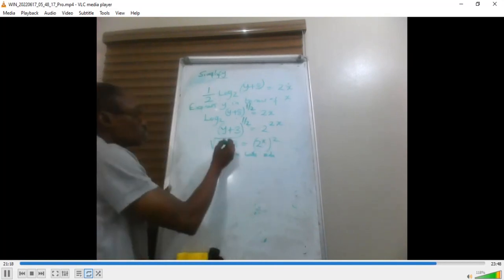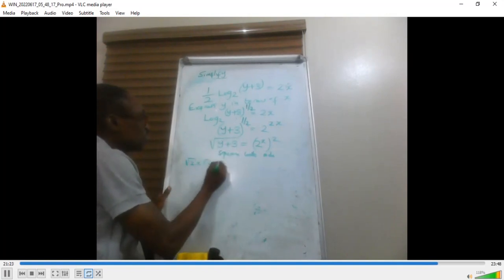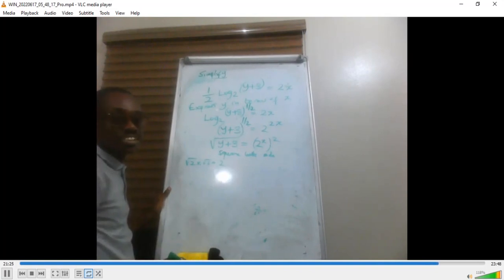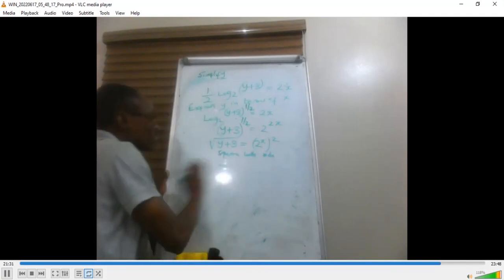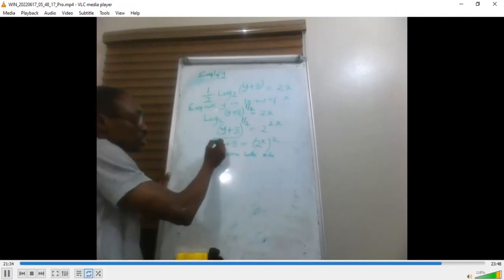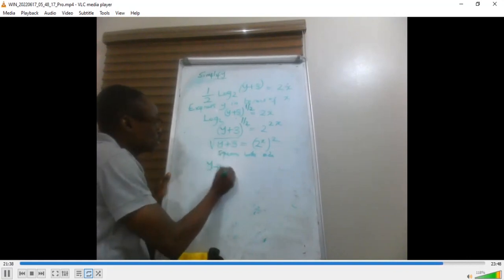Now we know that root 2 times root 2 is equal to 2. When you multiply a root by itself, the root disappears, the number just stays alone. So the root of y plus 3 times the root of y plus 3 will give you y plus 3.